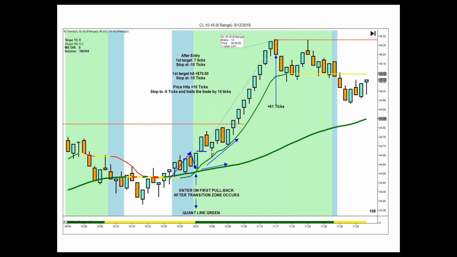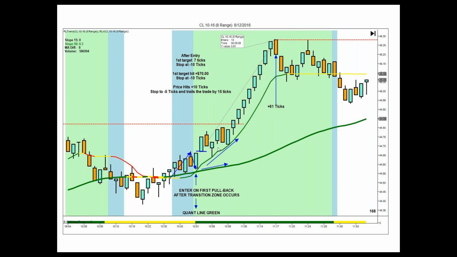This is a 14-tick pullback. This goes all the way up 61 points. Now you're on a 15-tick pullback, and there's no reason to exit. Well, the pivot's not here. So you're going to take a 15-tick pullback on a 61-tick move.